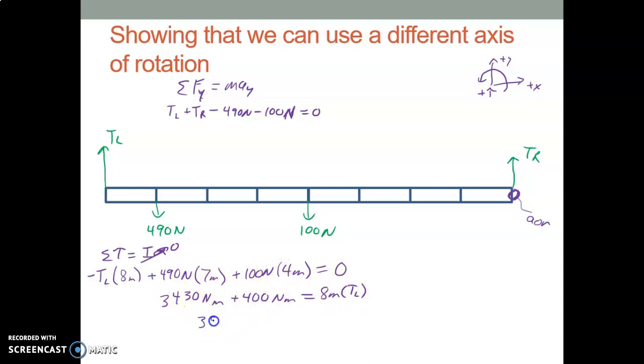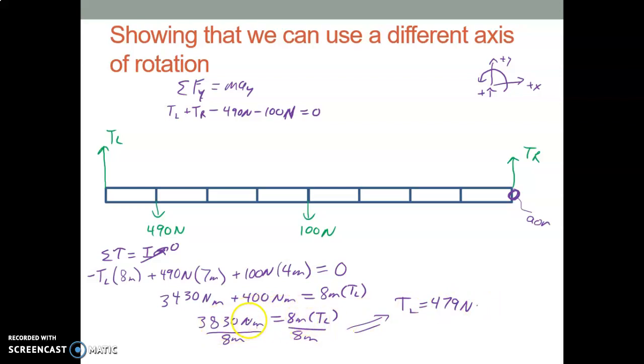So I get 3830 newton meters equals 8 meters times T sub L. I divide both sides by 8 meters. So I'm just going to go ahead and do that here. And I get 479. T sub L equals 479 newtons.